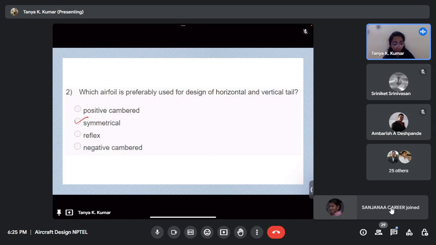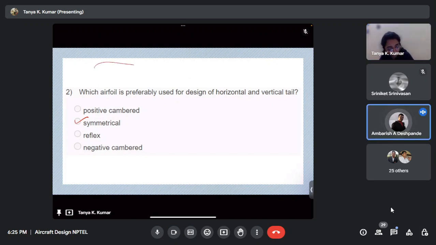Yes, the surfaces are different. Correct.